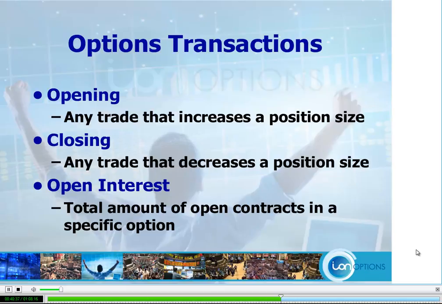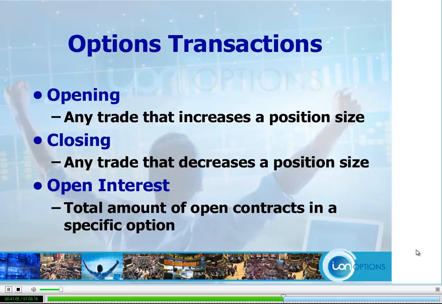However, if I do another trade with someone else, I might be closing. That decreases the amount of open interest, but the other person's opening. That might re-increase it. It's just trying to give you an idea of how much interest is in that option position, that option strike.